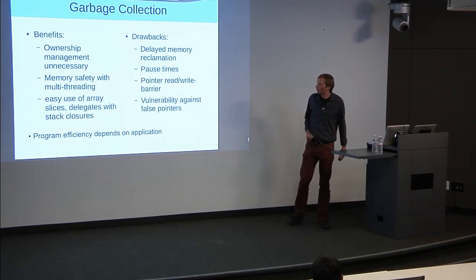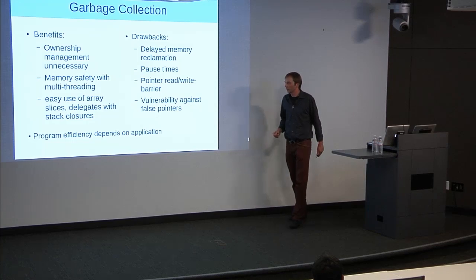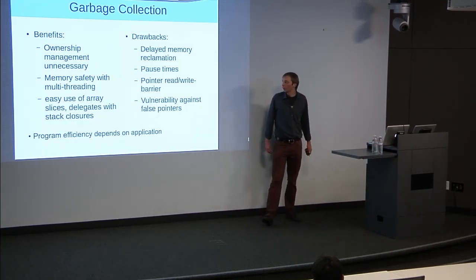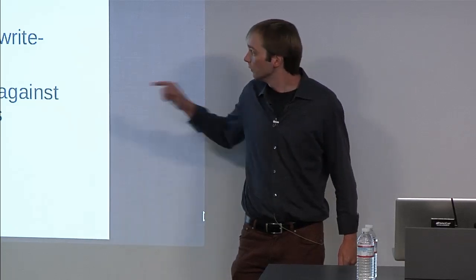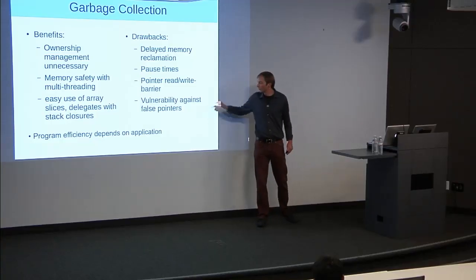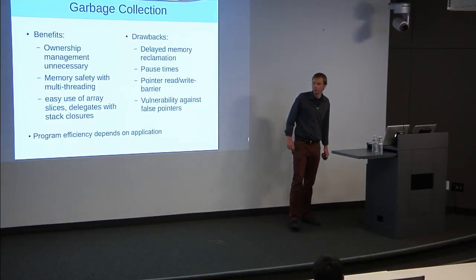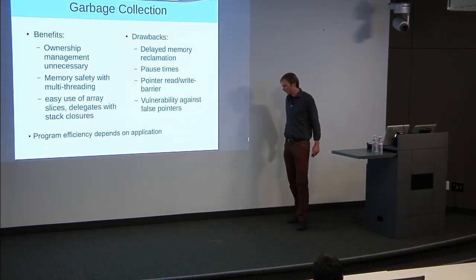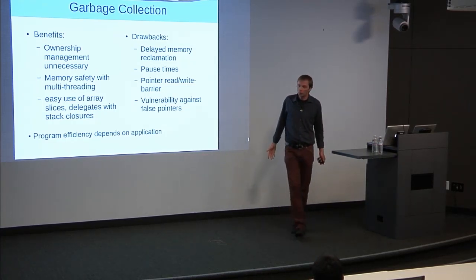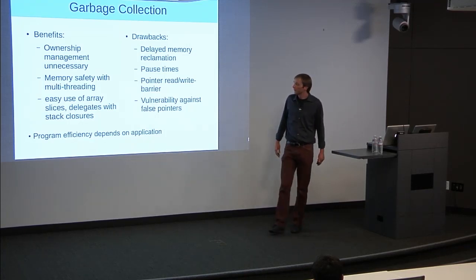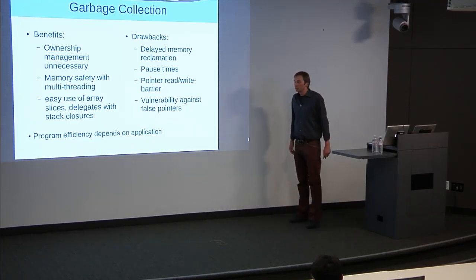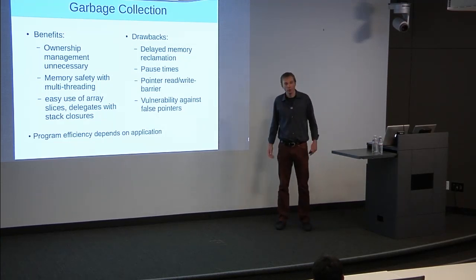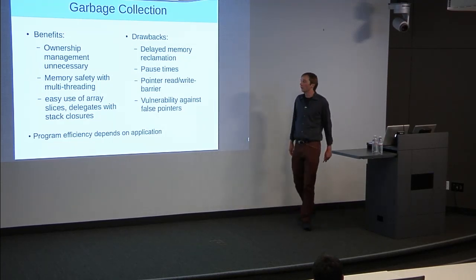And also, depending on the garbage collector, it might be vulnerable to false pointers. I will come to this property especially with the precise garbage collection. Whether a program is faster with or without garbage collection depends very much on how it's implemented, what the allocation rates are, and so on.